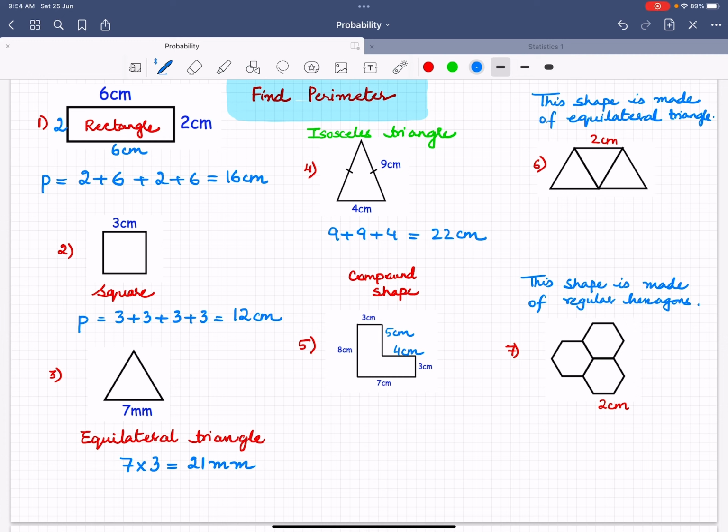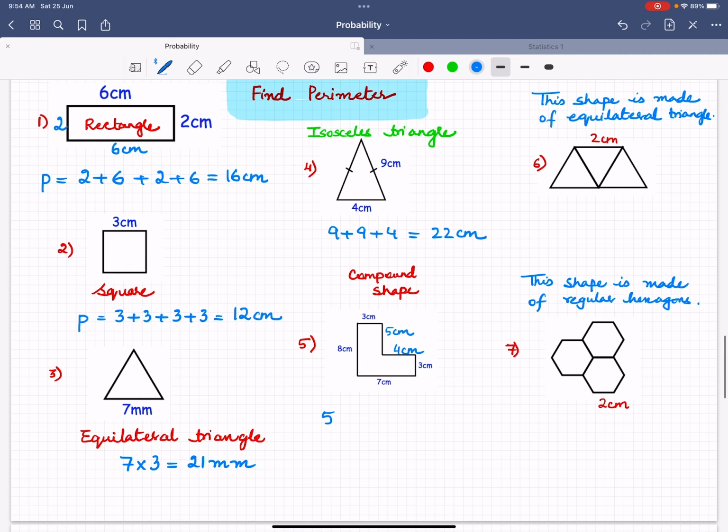We have found the unknown lengths, and now all we need to do is to add up all the lengths in order to find the perimeter. Therefore, we can add up 3 plus 8 plus 7 plus 3 plus 4 plus 5, and that adds up to 30 centimeter.